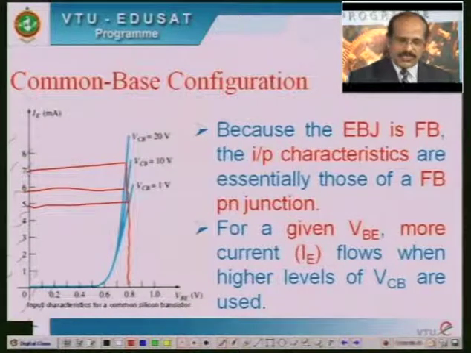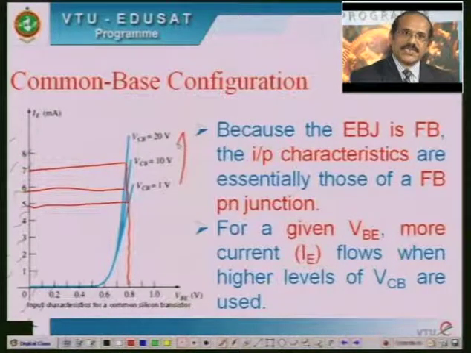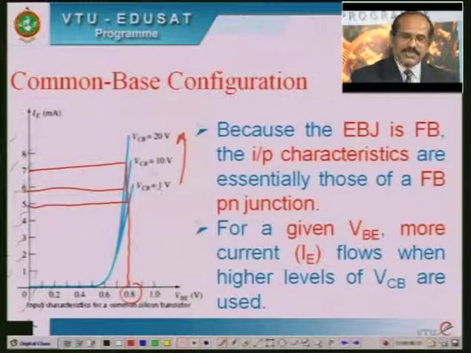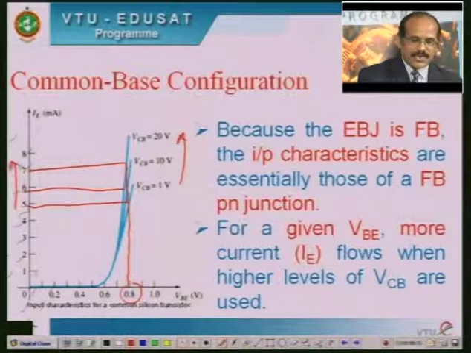Therefore, for a given fixed value of VBE, whenever VCB increases from 1 volt to 20 volts, the emitter current correspondingly increases.